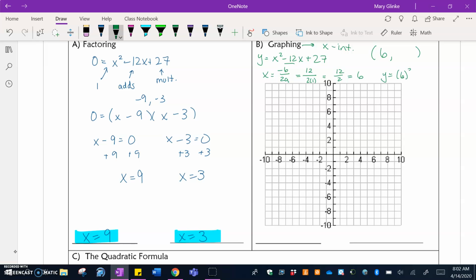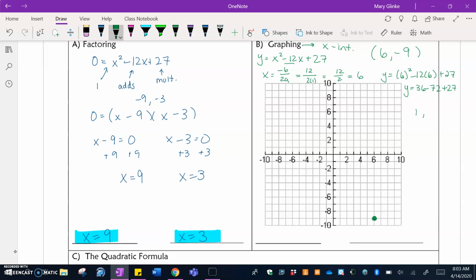So we're going to do 6 squared minus 12 times 6 plus 27. So we have 36 minus 72 plus 27. And when we simplify all of that, we get negative 9. So our vertex is at 6 comma negative 9. So we're going to go ahead and make that point on our graph for our vertex.